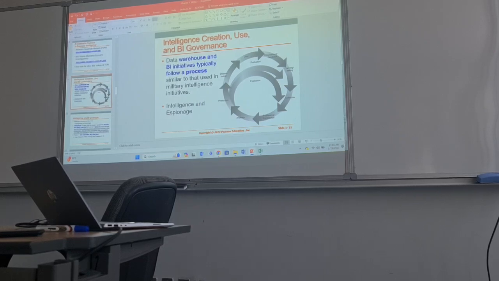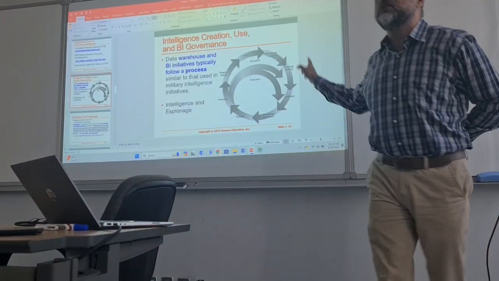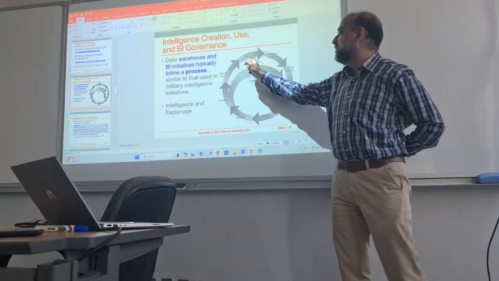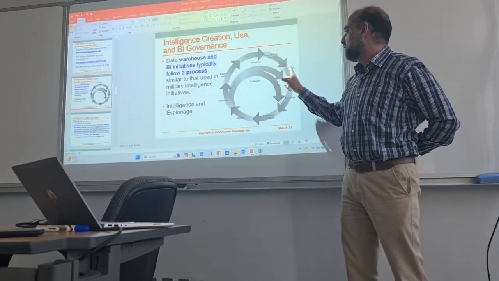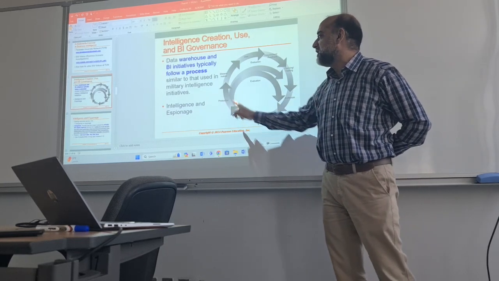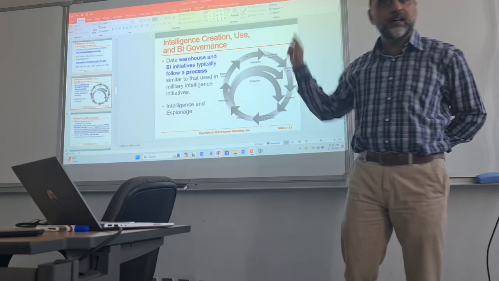Yes. Now, this slide is exactly talking about the same thing. When you design a BI system, it is another information system, right? You have to treat it like that. So when you're designing a business intelligence system, you will see the same thing. So you should not get worried, wondering what this complicated diagram is. Can you see user requirements, planning, data collection, analysis, and then you keep going back, right?